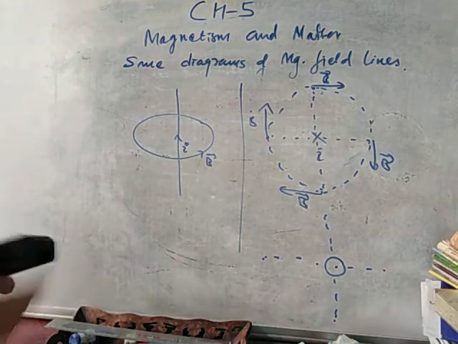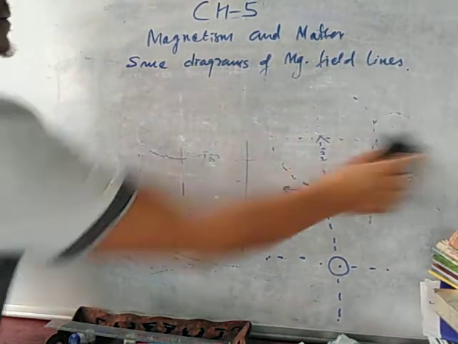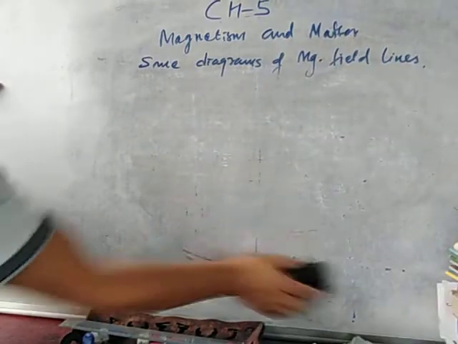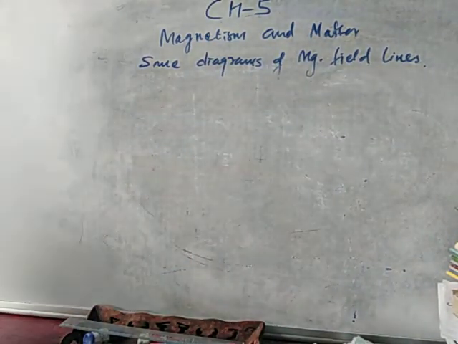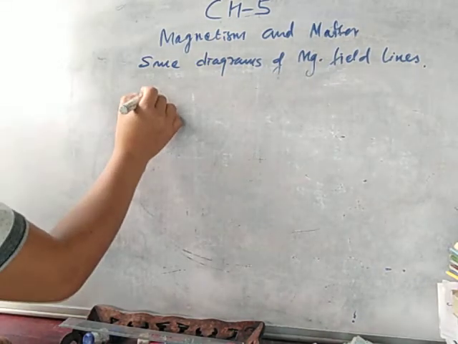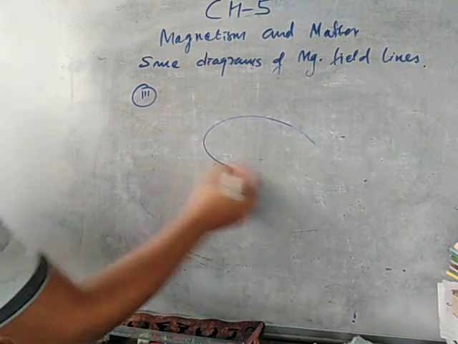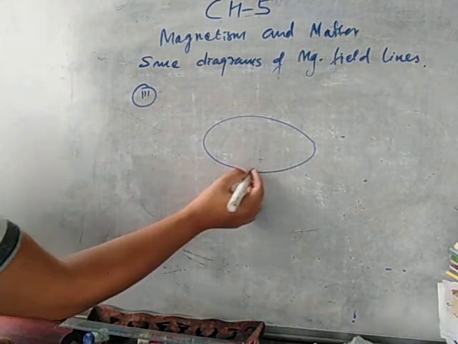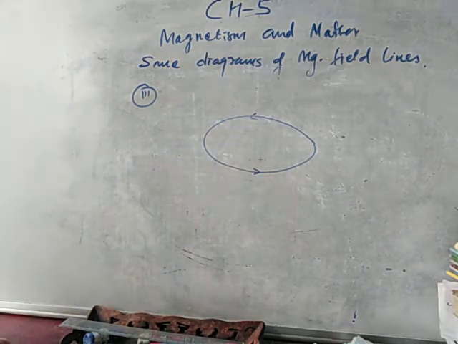So now if I have a wire, loop wire. This is wire. Now if I have loop wire means close wire. So third, this is your loop wire. So if I take current like this, then what is the direction of magnetic field?